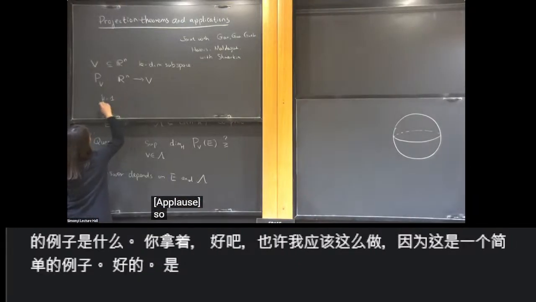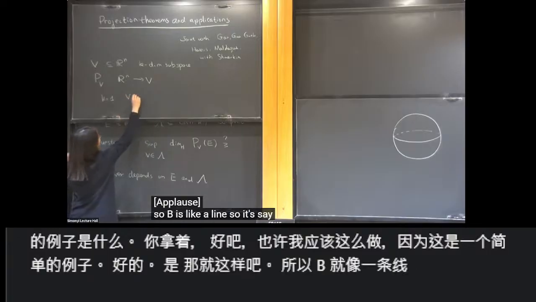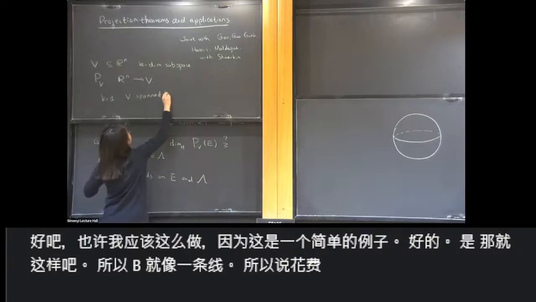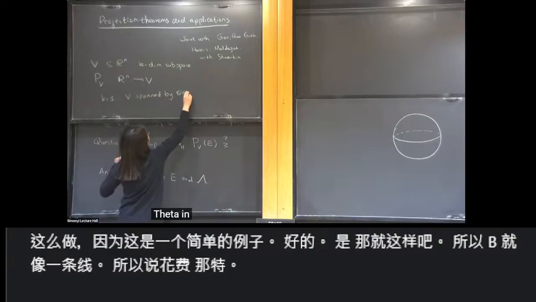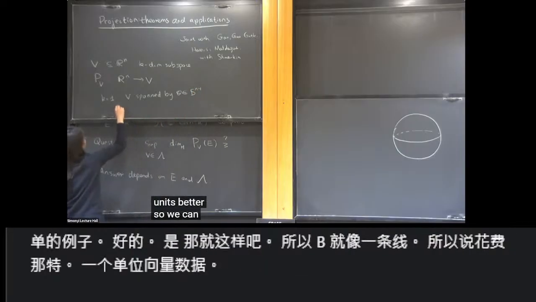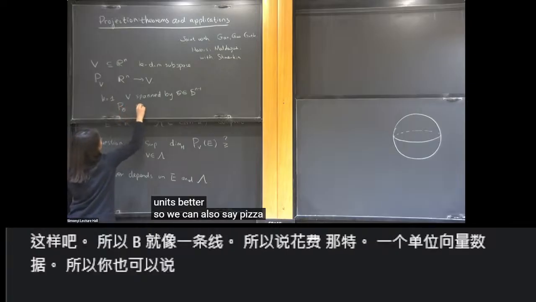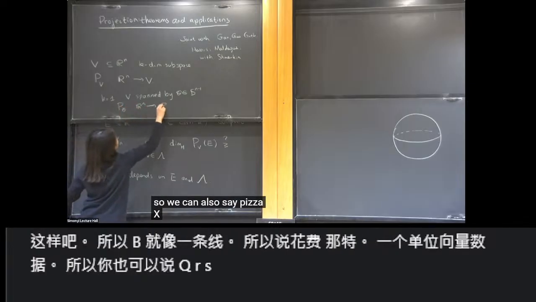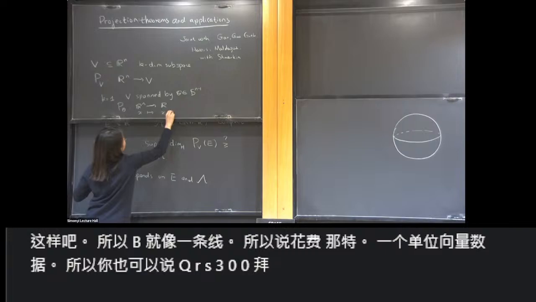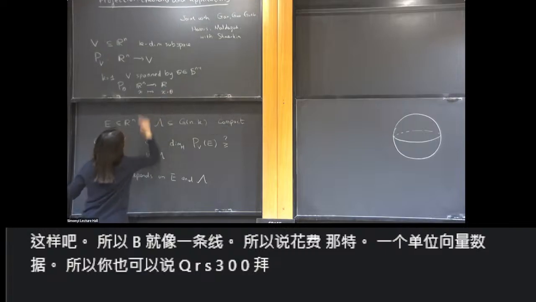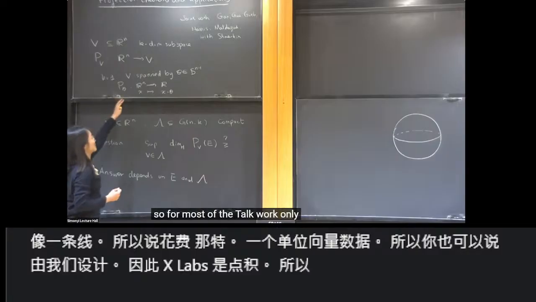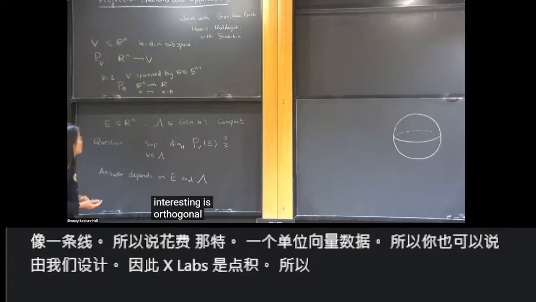Then V is a line, spanned by a unit vector theta. Then we can define P_theta from R^n to R, so x maps to the dot product of x and theta. For most of the talk, we're only interested in this dot product, this orthogonal projection.